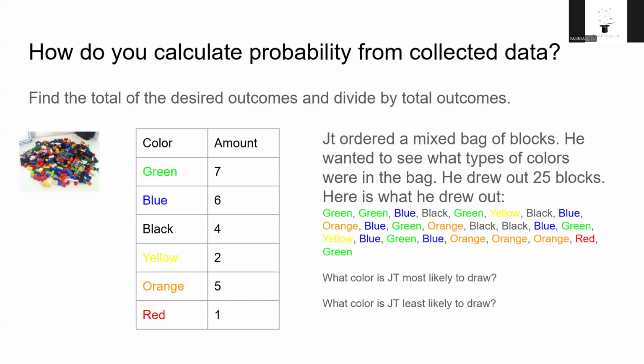If we look at our chart, we see that 7 is our largest number, so that goes with green. So he's most likely to draw green. And he's least likely to draw red because in his sample, he only drew 1 red out. We can find the probability of that. The probability of green is 7 out of 25. The probability of red is 1 out of 25.